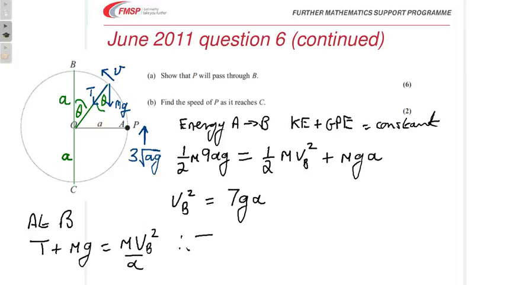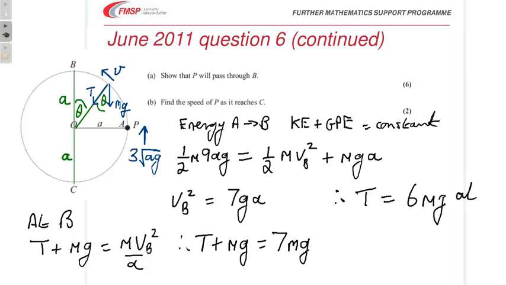So T plus mg will be 7mg, which means T equals 6mg at the top, at B. That proves it goes through B, since T is greater than 0. Therefore P passes through B.